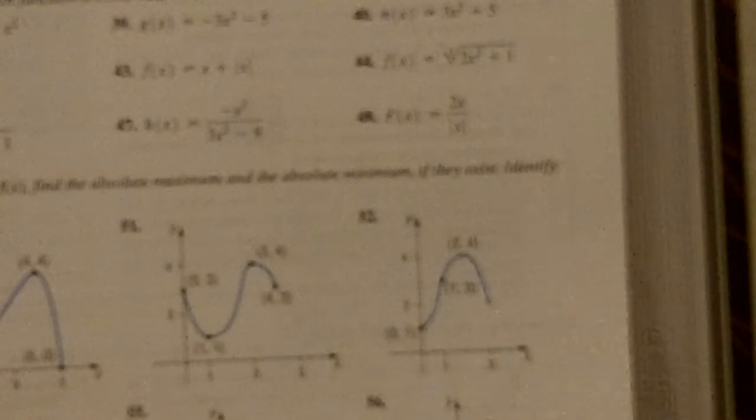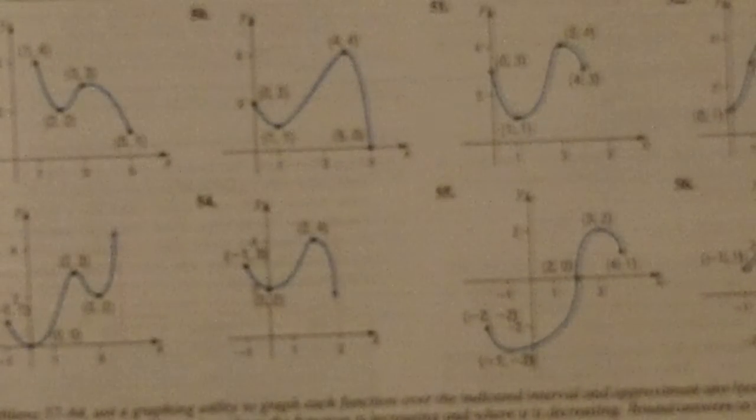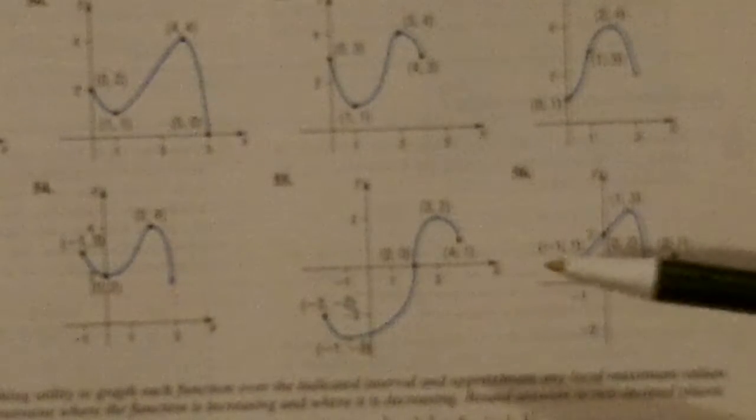55. This has, 55 is this one. There's no absolute max because there's a hole there. So no absolute max, no absolute min because there's a hole at the very lowest spot, no -3.